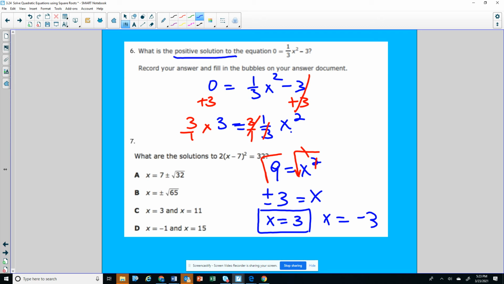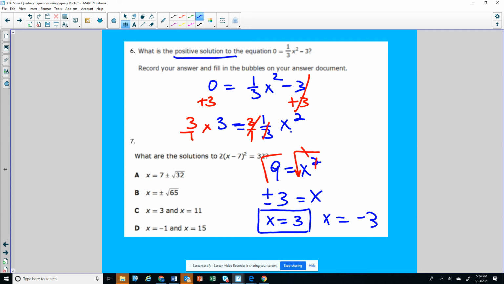Okay, let me erase. Let me go to another page. All right, so do number 7. I hate to erase. So here we go. So 2 times x minus 7 squared is equal to 32.